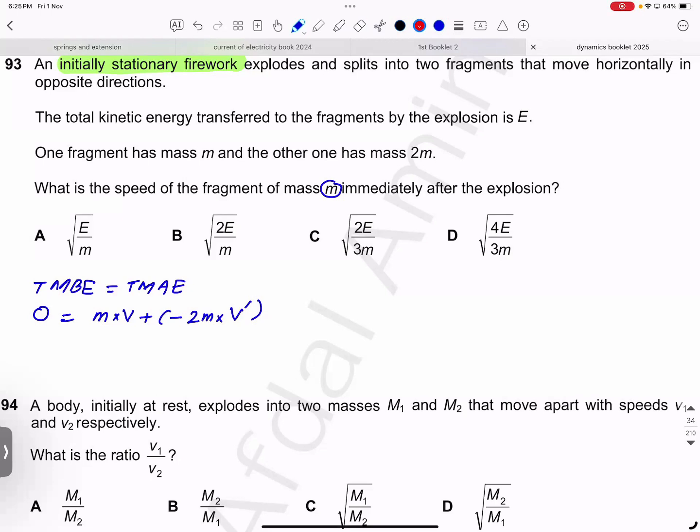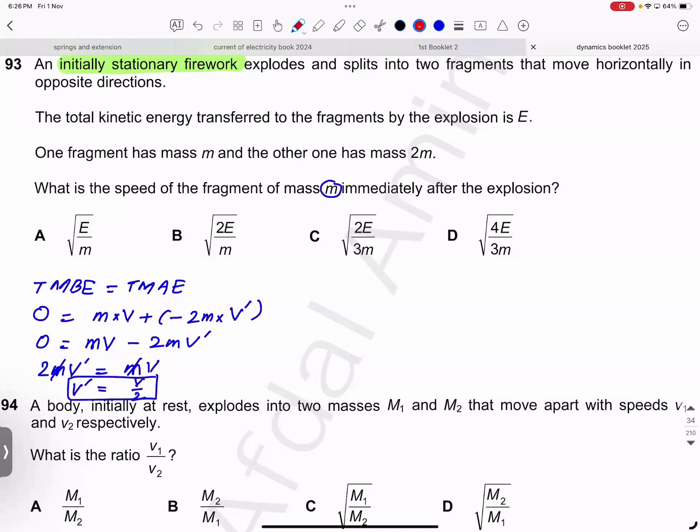Understanding or not? The problem is I need to know the relationship between them. So 0 is equal to mv minus 2mv dash, that is, 2mv dash is mv. So m simplified, v dash will be v by 2.